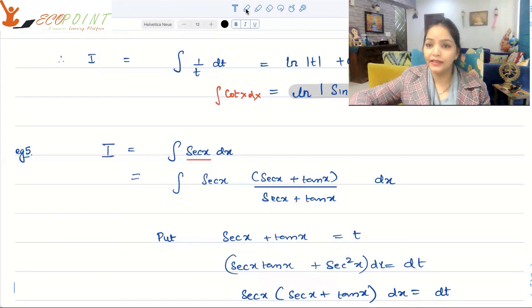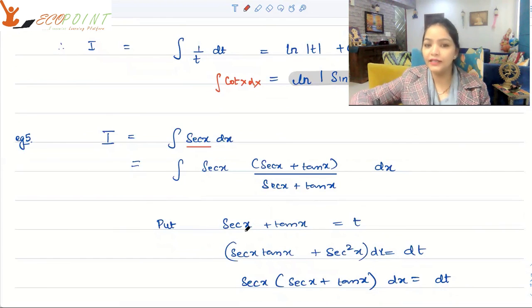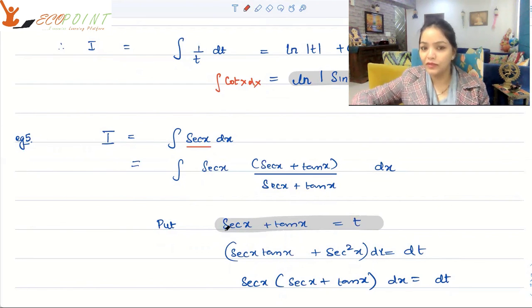If you multiply and divide by secant x plus tan x, what will happen? You assume secant x plus tan x to be t, and then when you differentiate on both sides, you get sec x tan x, because the derivative of sec x is sec x tan x, and the derivative of tan x is secant square x, right?